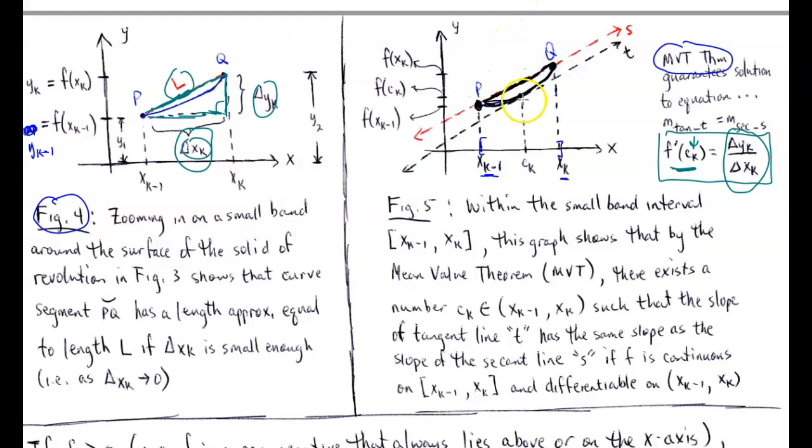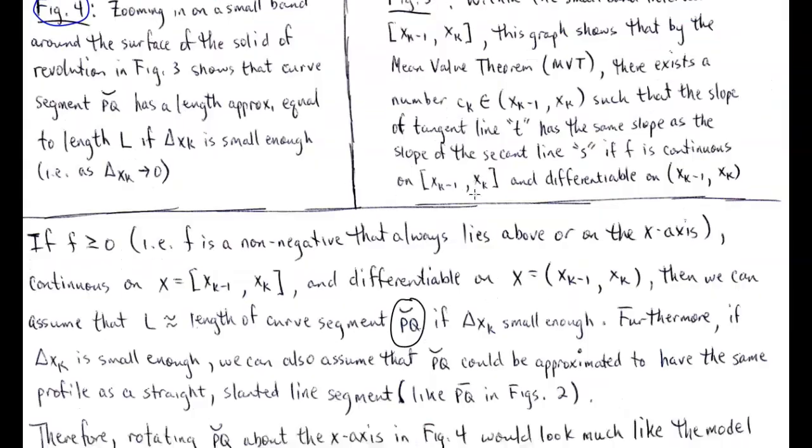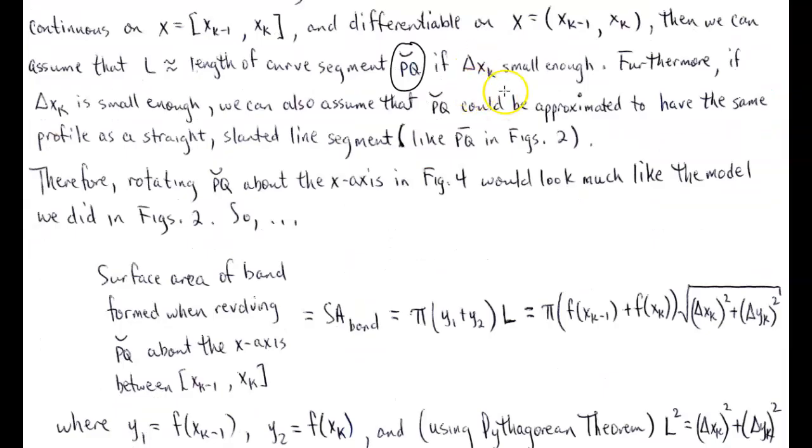So we assume that this curve PQ is so small that it still looks like a straight line. If we do that, then of course we have the situation again that we had back in figure 2, okay? And of course, this forms a right triangle.